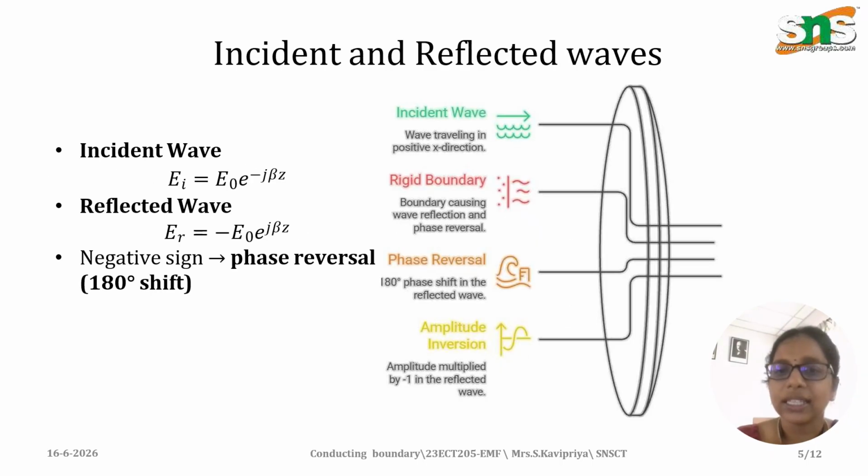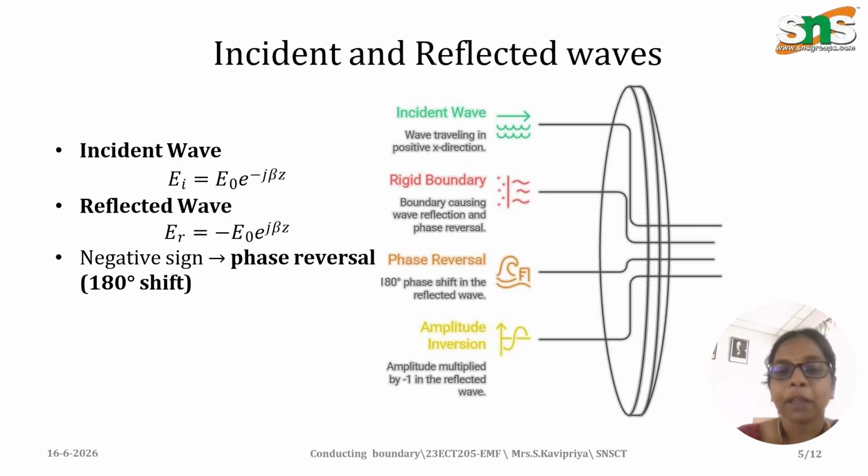And next one, incident and the reflected wave. Incident wave is represented as EI and reflected wave is represented as ER. The EI equation is E naught into e power minus j beta z. The reflected wave, ER, is minus E naught e power j beta z.